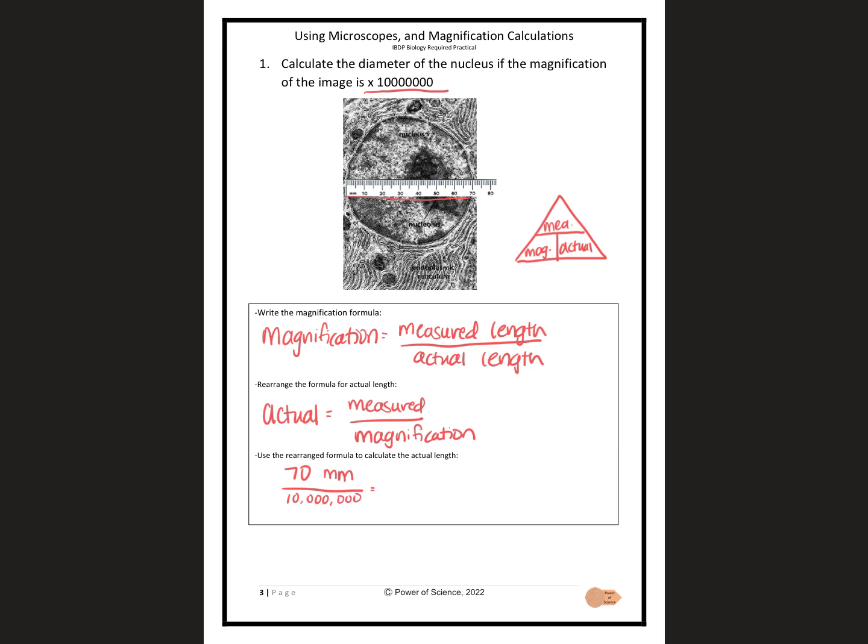When we calculate this, it's going to be 0.123457, and that is in millimeters, but we're going to convert this into nanometers. When we do that, we end up with 7 nanometers. Awesome. Let's move on.